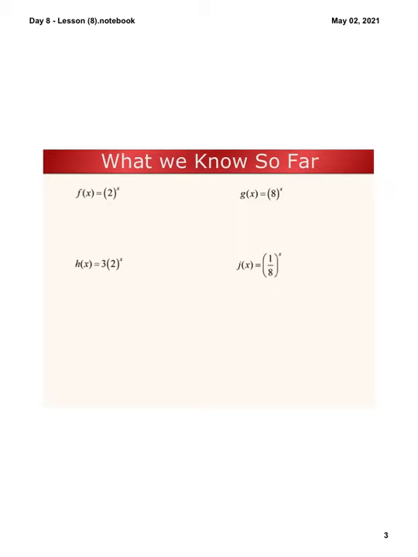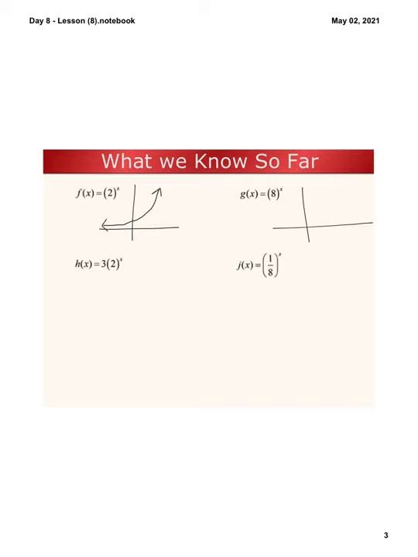All right, so what we know so far. When I look at these functions that I have here, the first one is f of x equals 2 to the power of x. I know that this is an exponential function, and it's just going to be increasing.